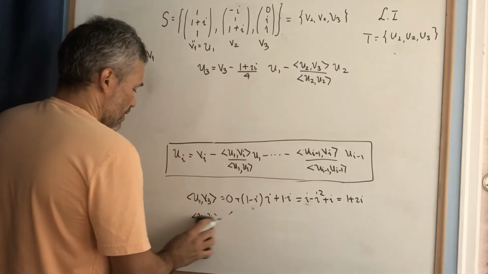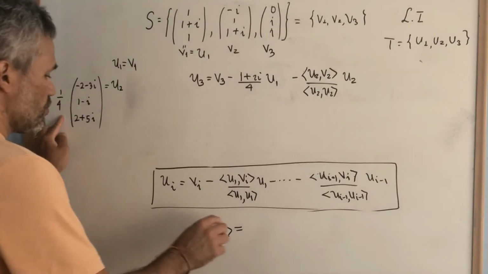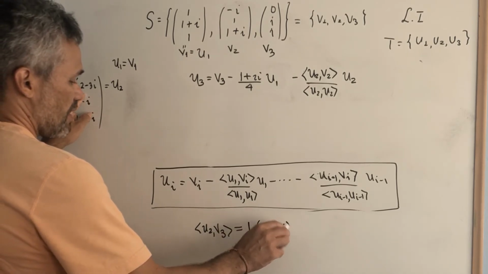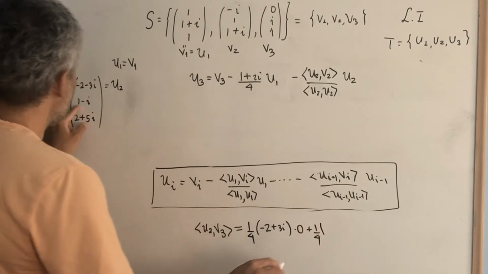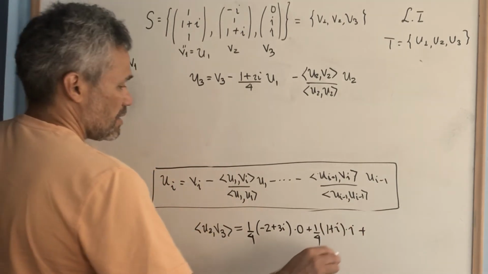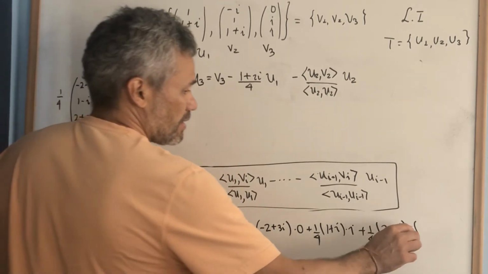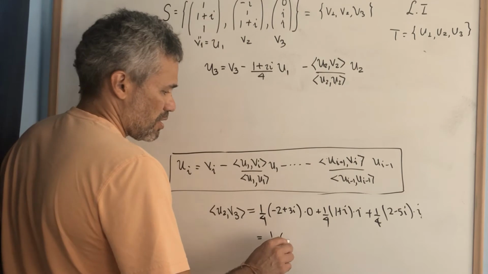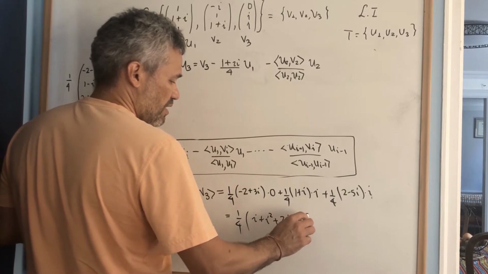Now let's compute U2 V3. U2 V3 is equal to 1 quarter the conjugate of this negative 2 plus 3I times 0 plus 1 quarter the conjugate of 1 minus I, which is 1 plus I, times I, plus 1 quarter times 2 minus 5I times I. And this is just 1 quarter times I plus I squared plus 2I minus 5I squared.